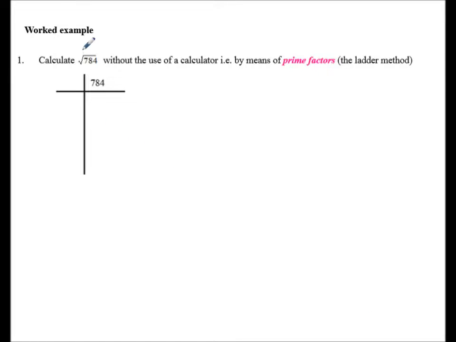So if we have a look at this, we are finding the square root of 784. So I must group my factors into groups of 2. If I had the cube root of a number, I would then group my numbers into groups of 3.